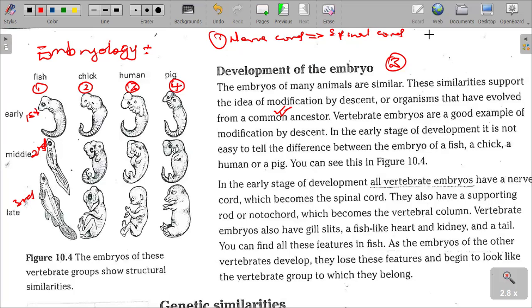And then number two, they also have a supporting rod, or a notochord. They all have a supporting rod.